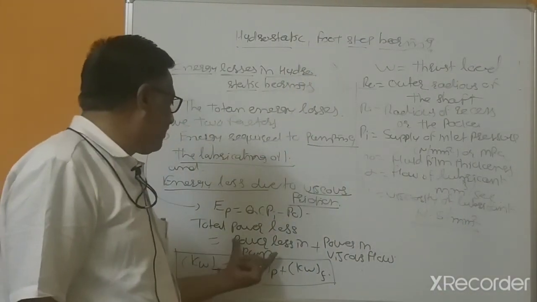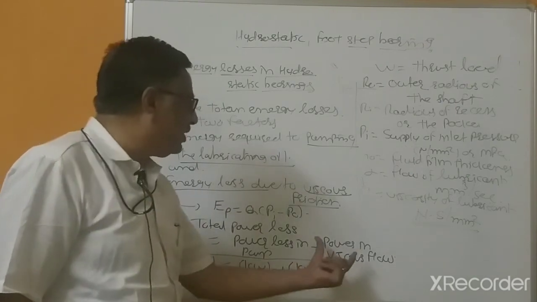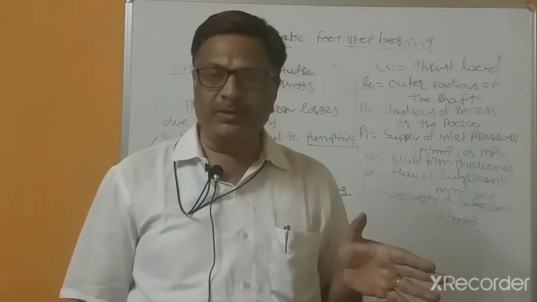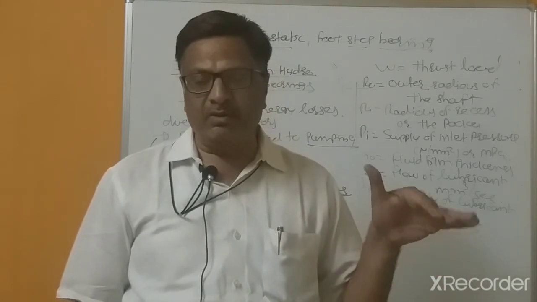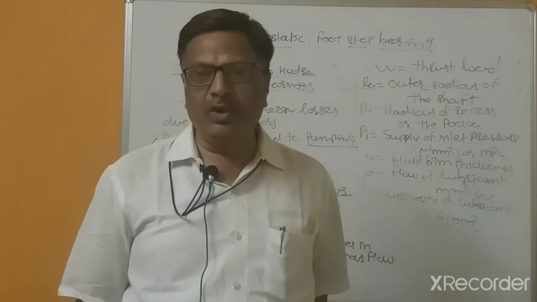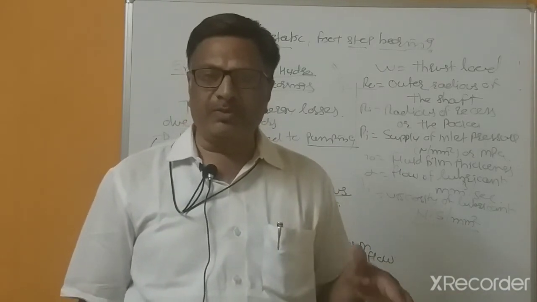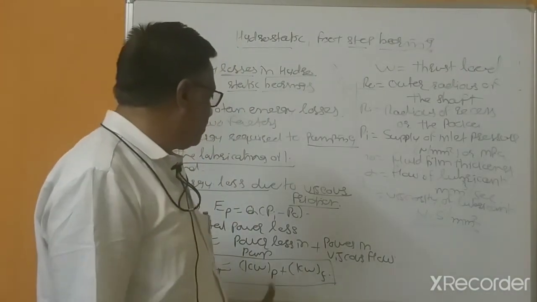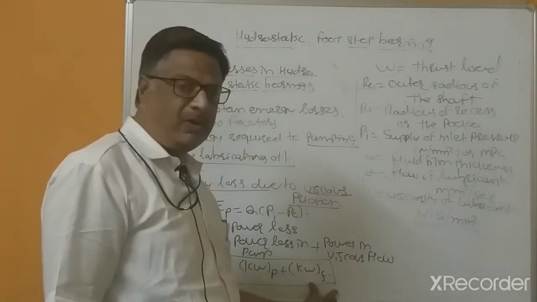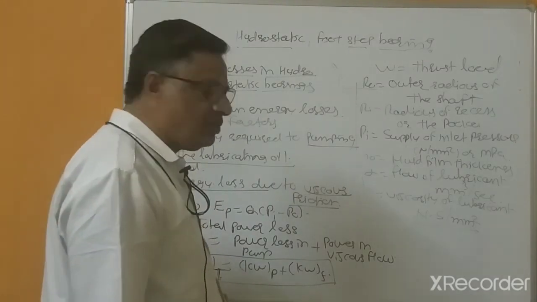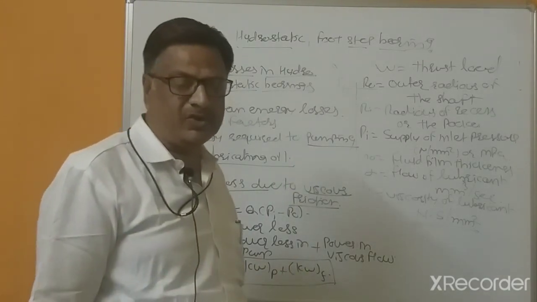This is the power loss in the pump, and this is the power loss in viscous flow, because the molecules glide over one another in the lubricating oil. Because of that friction, this loss is also to be considered. So this viscous flow power loss plus the pump loss is equal to the total loss of the hydrostatic bearing.